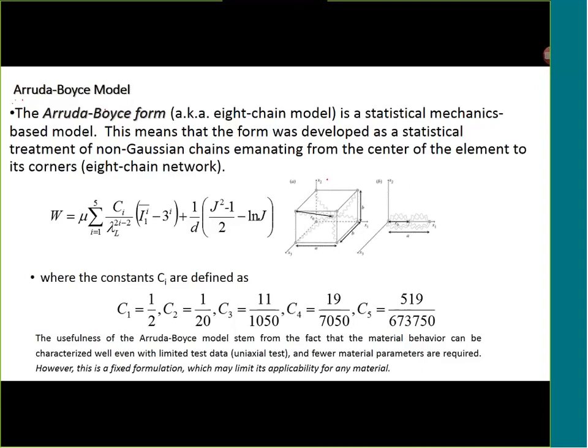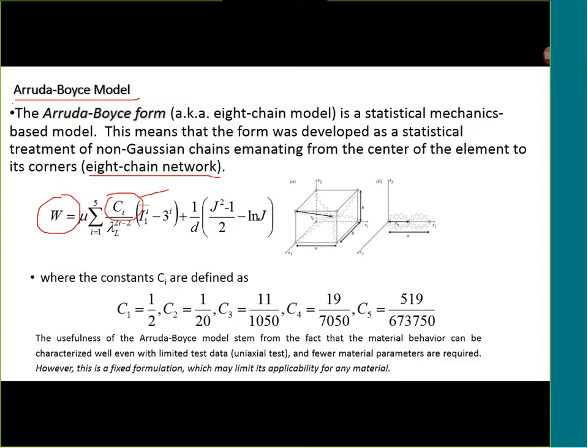This particular Arruda-Boyce is nothing but the 8 chain network model that is implemented in Ansys. The strain energy potential for this material model is given in this form. Unlike other material models where one needs to find out from the stress strain curve what all these constant values are, for the Arruda-Boyce material model these constants are already predefined, so it is fixed.